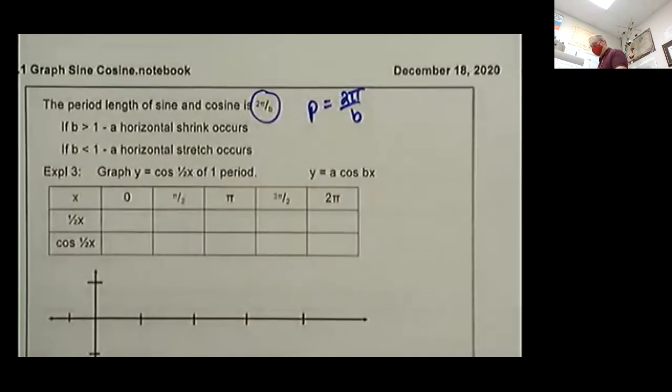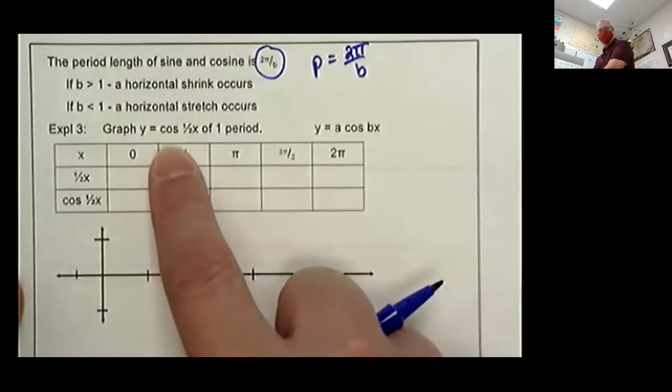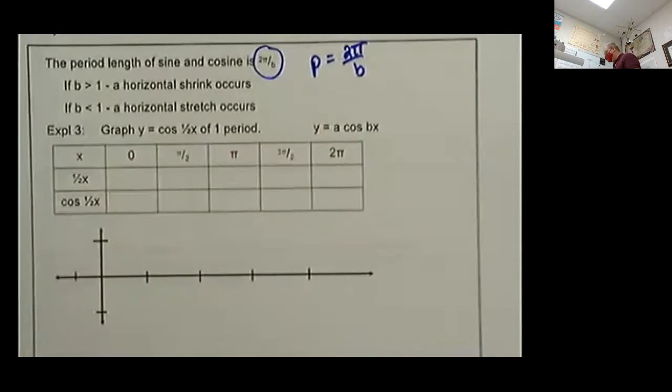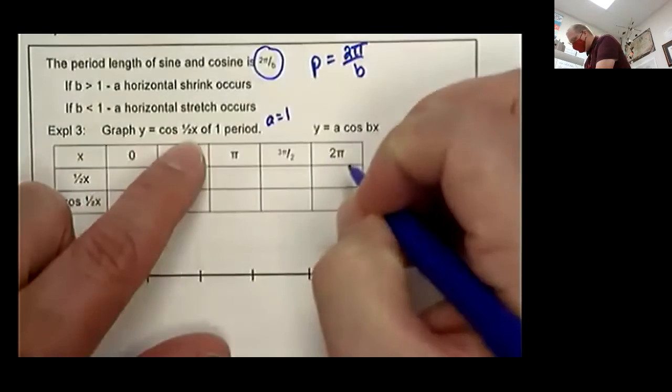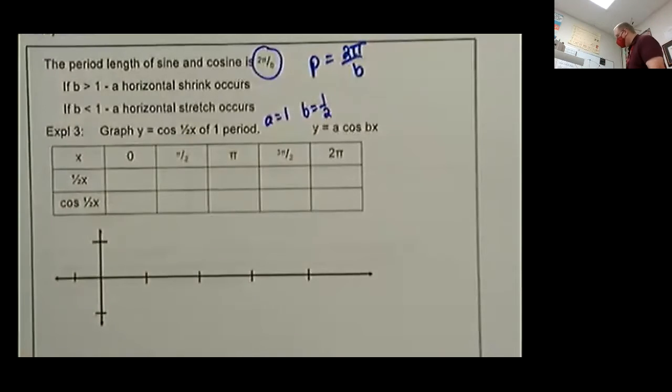And so let's look at some examples. Let's look at the graph of y equals cosine of 1/2 x for 1 period. So again, we're using our formula, y is equal to a cosine of bx. So what do we know? Well, we know our amplitude is 1. We know b is 1/2. That's going to tell us how to get our period.